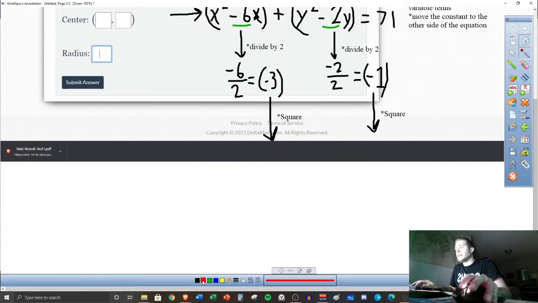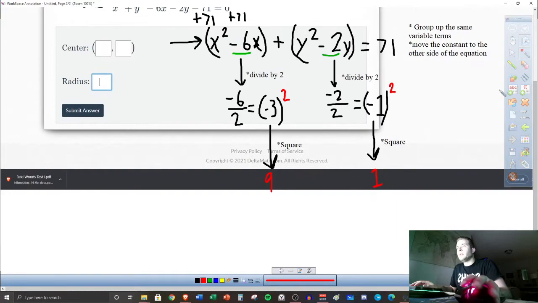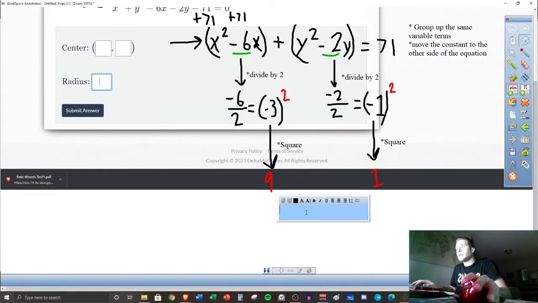All right. So we're going to get, I'll write it in red here so it's easier to see. We're going to get 9 here, right? Okay. And I'll put the little square symbols. And then we're going to get 1 here. Okay, so what we're going to do is we're going to add these values to both sides of the equation.